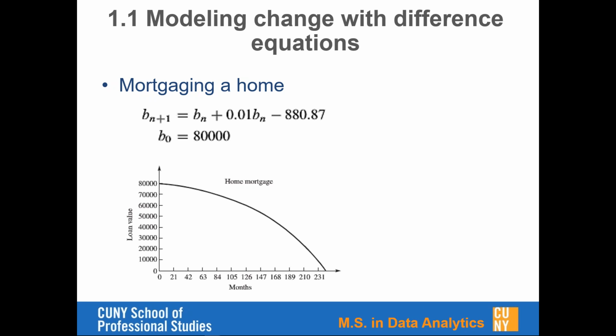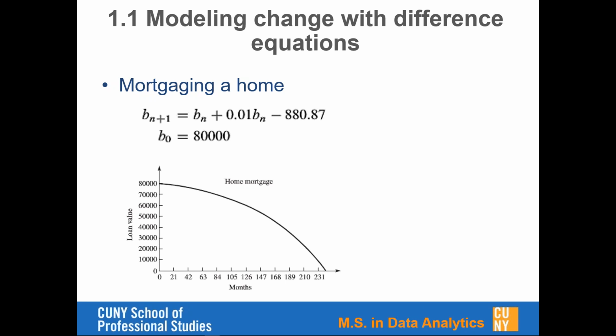Okay, if we continue, you can see that essentially this is just the trajectory over the number of months, and as time goes on, the loan value goes from 8,000 all the way to 0, paid off after maybe 33 periods. So that's one way to look at this problem.